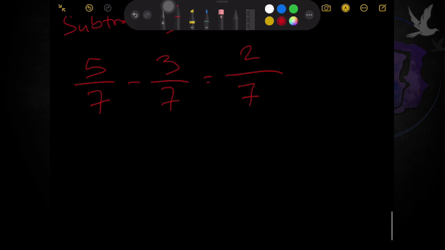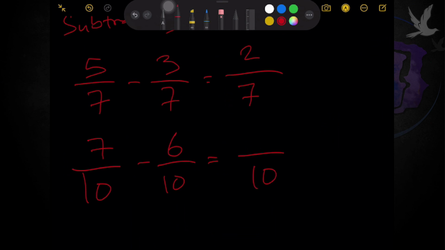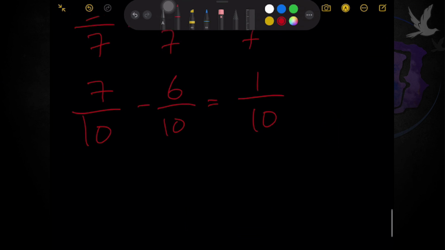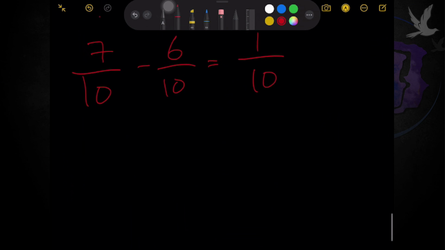Again, it's the same logic as adding similar fractions. Let's say we have 7 out of 10 minus 6 out of 10. Again, our denominators are the same. So, we just copy. Then, 7 minus 6 is equivalent to 1. So, the final answer here is 1 out of 10.